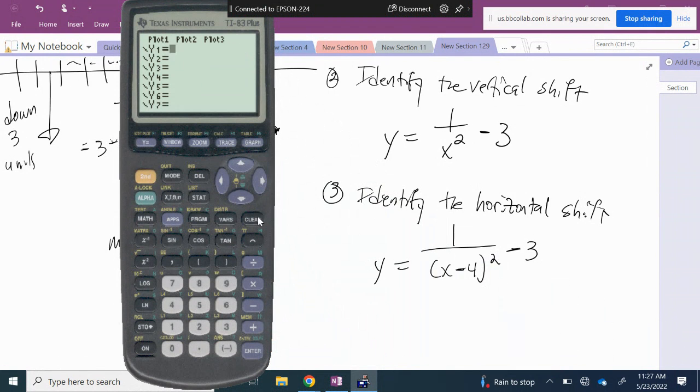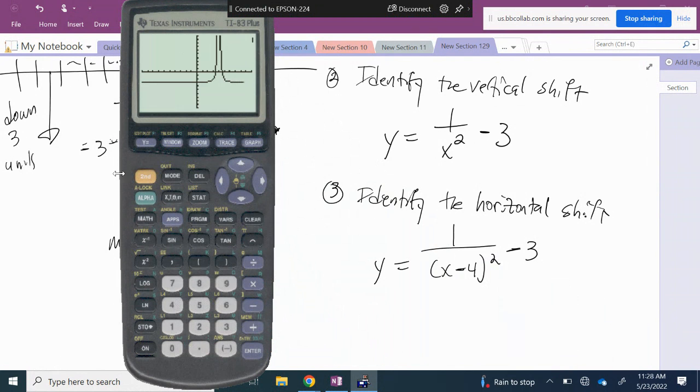Right, so I'm just clear out y sub 1. I'm going to put in 1 divided by, I'm going to use the begin parenthesis, x minus 4. Okay, close off my parentheses, squared minus 3.